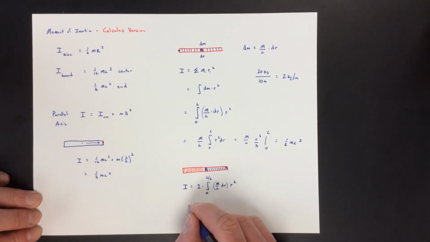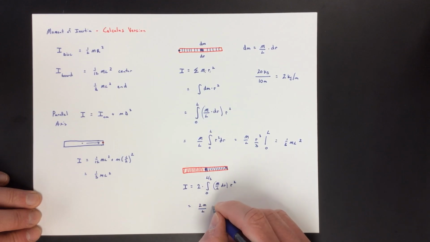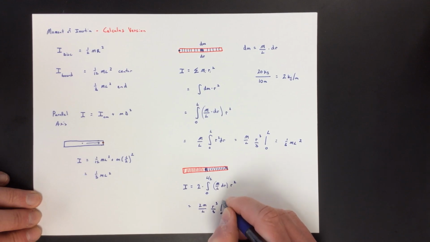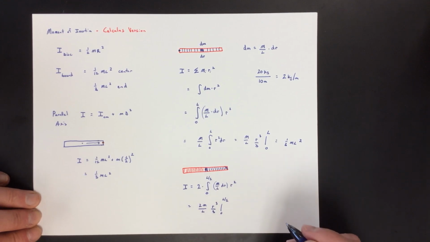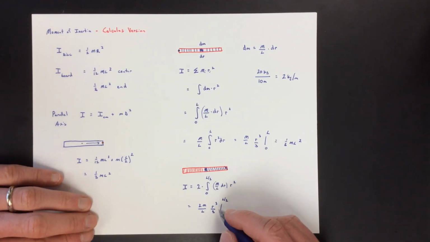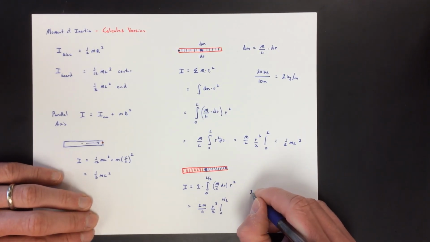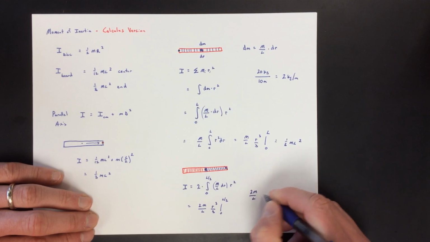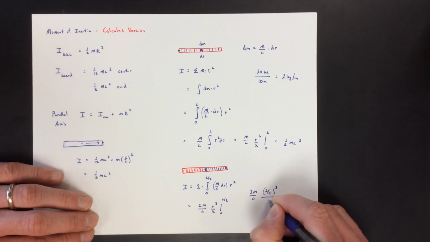And so you get this same integral, 2m over L, and you get the integral r cubed over 3 from 0 to L over 2. Okay, so think about this. This then is 2m L over 2 cubed over 3.